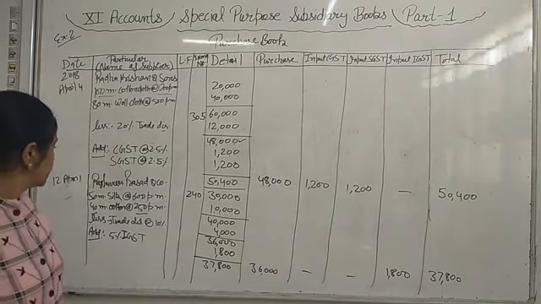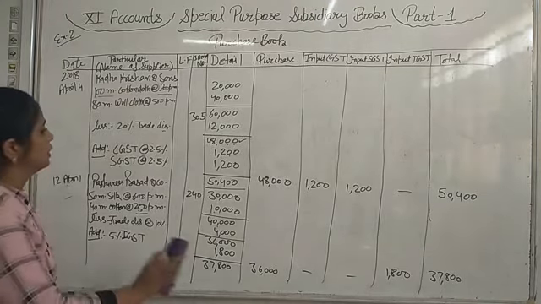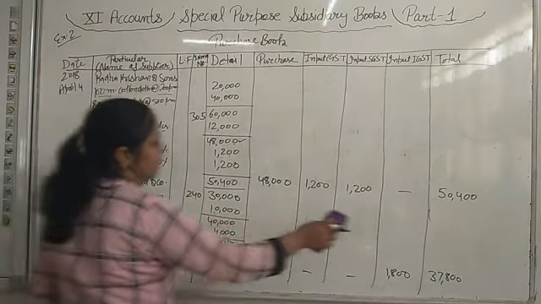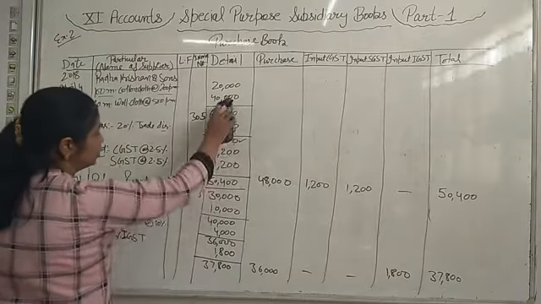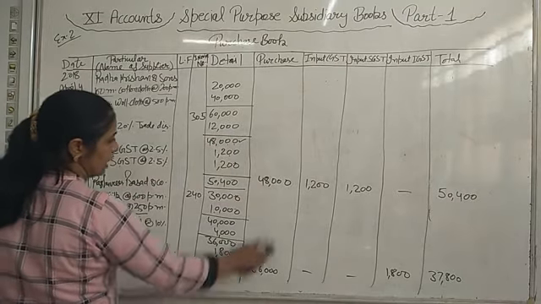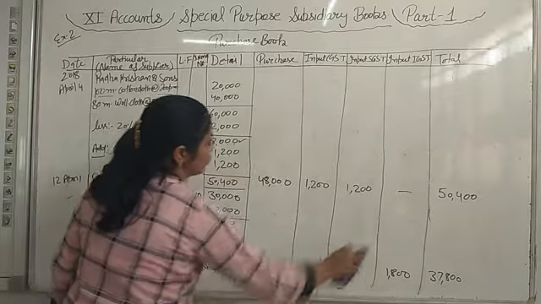Then the next transaction. I will rub this, we only need the amount. No need to do the total of the detail column. We have to total only these 5 columns.